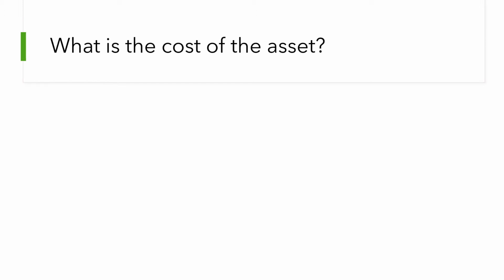First requirement: what is the cost of the asset? I told you from the previous module that the cost of an asset will include the purchase price, including import duties and non-refundable purchase taxes, for example excise tax or customs duties, after deducting trade discounts and rebates, so a discount taken or not taken should be deducted.